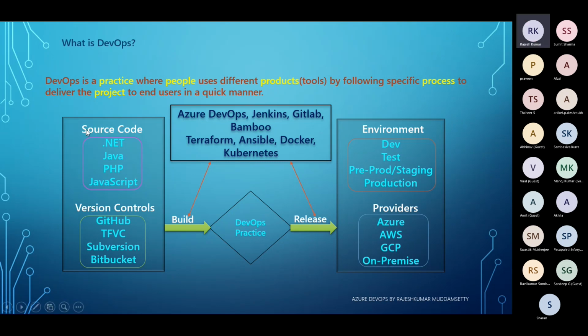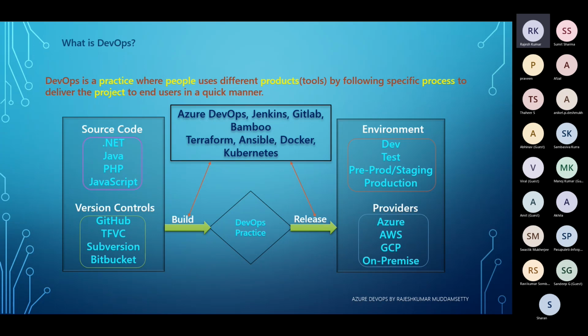The moment you start developing an application, how you are going to write the source code, where you are going to save the source code, what version control you are going to use, all these things will be defined, developed and even implemented by a DevOps engineer. If you want to save your source code in GitHub, first you need to have a project in GitHub. Then within the project, you need to create a repository.